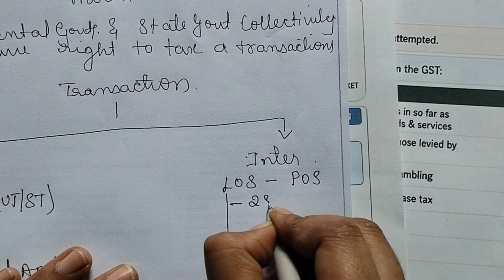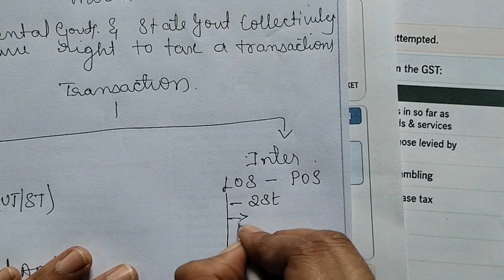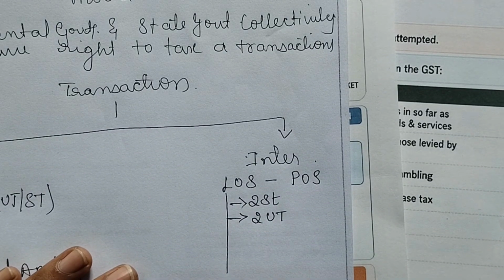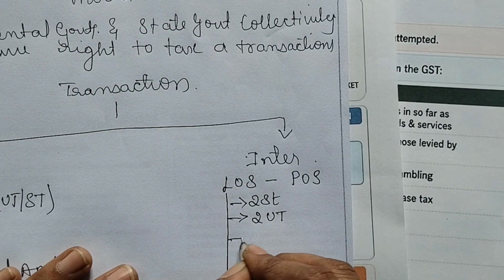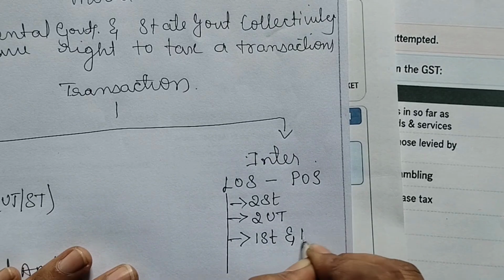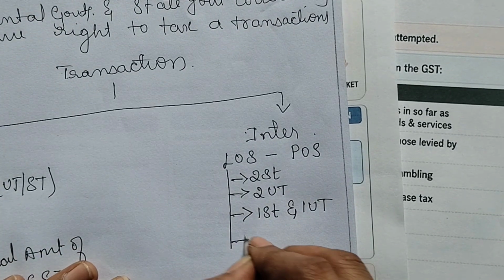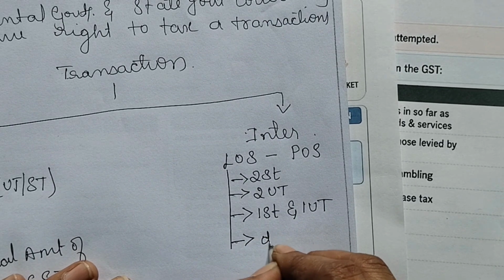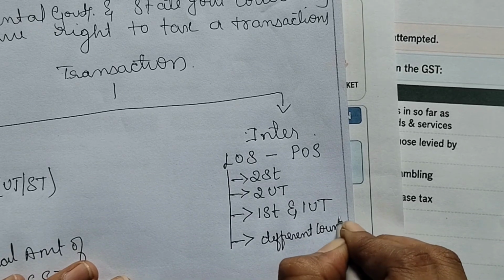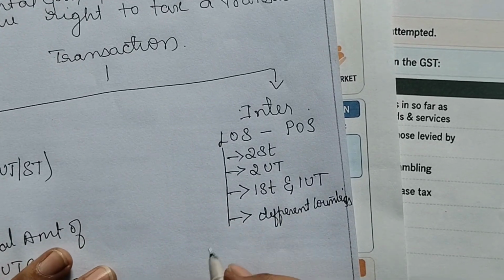It can be between two states, between two union territories, or between one state and one UT, or it can be between different countries.